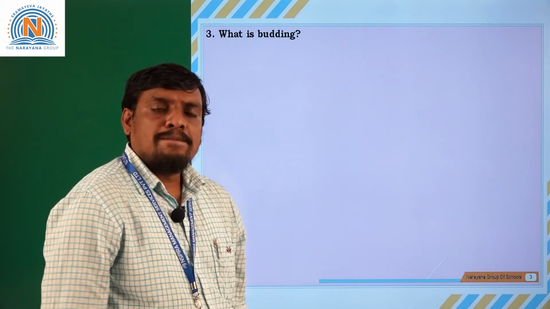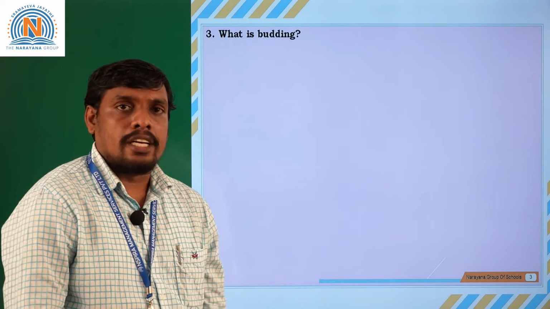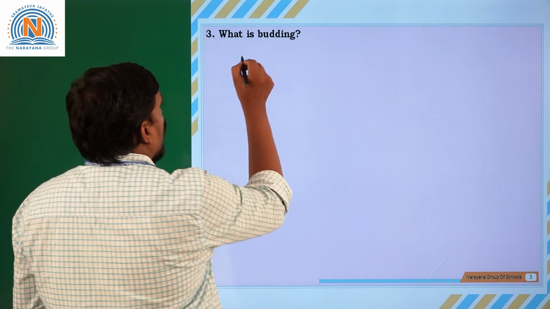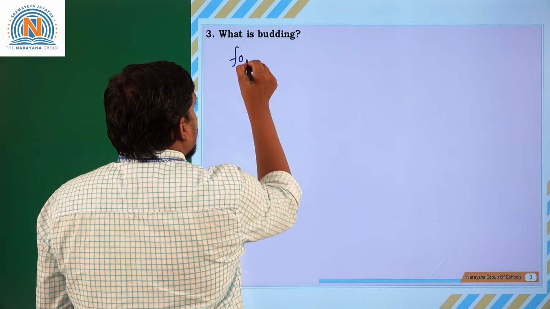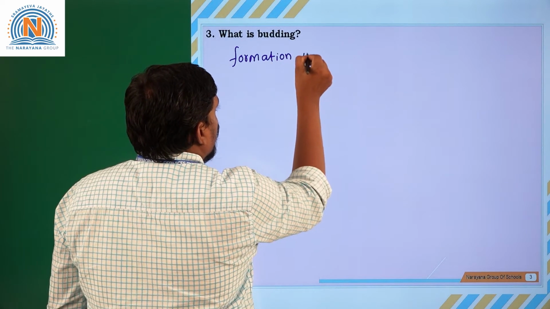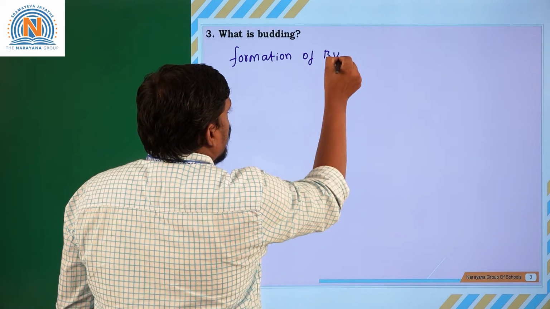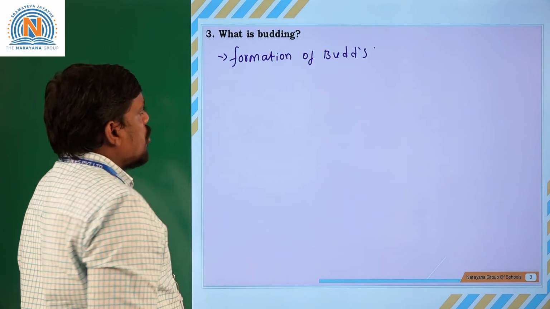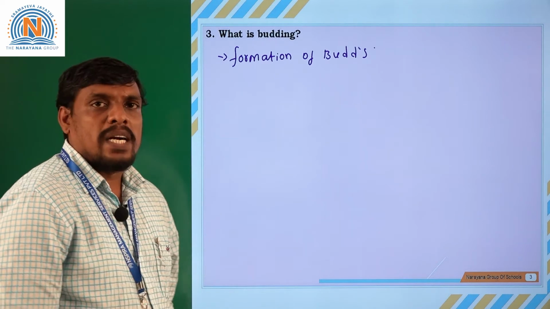What is budding? How can you define budding? They are asking about only budding. Budding is the process of formation of buds. Formation of these buds is called budding.